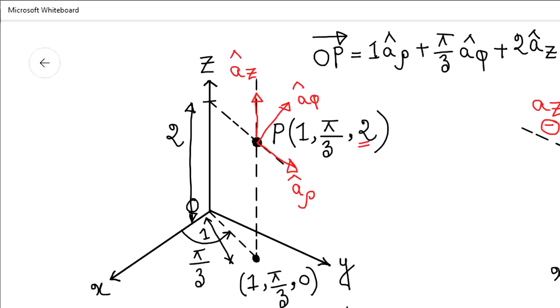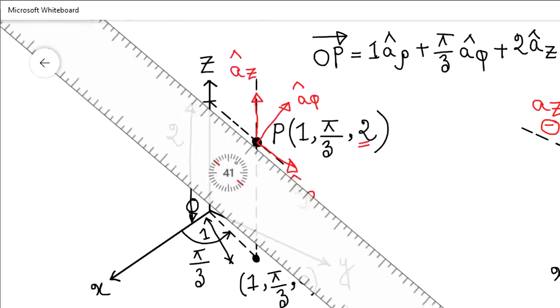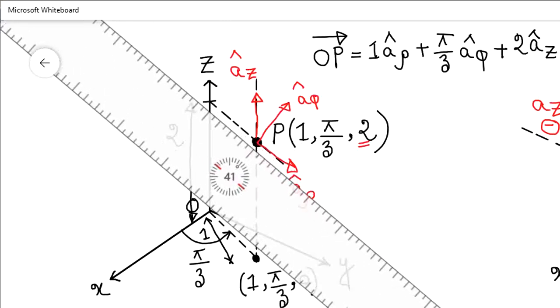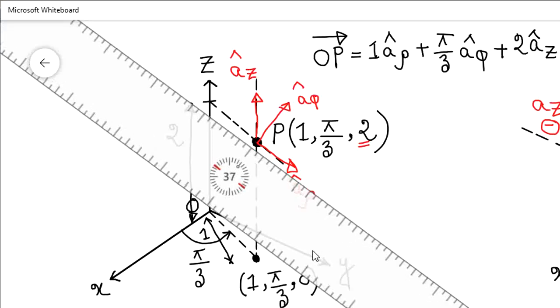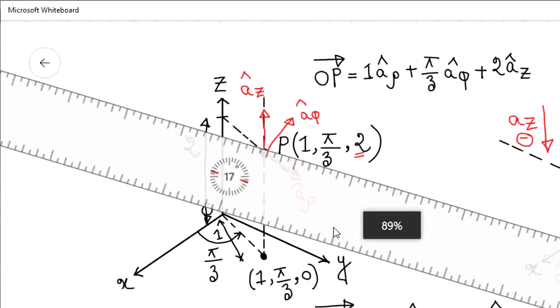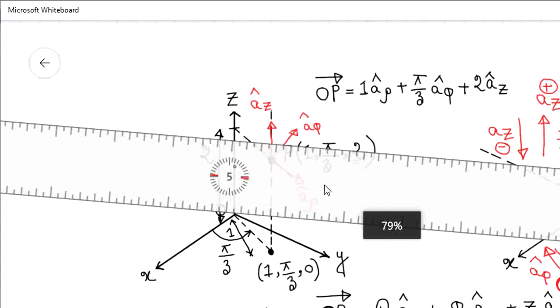To have the total direction, the usual procedure is that you have to connect this point P with the origin and take a vector direction which will come out of the origin. So let's rotate the ruler to draw this, or connect these 2 points. All right.